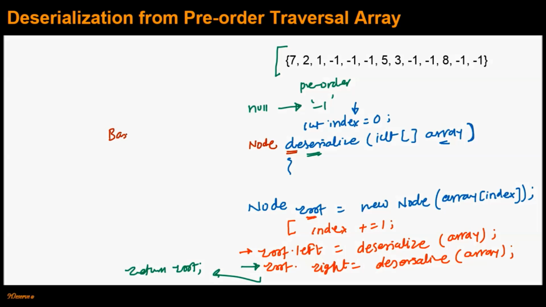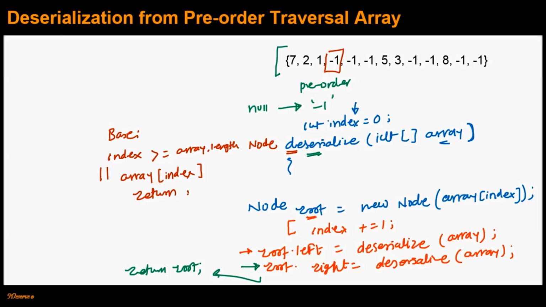The base case is that whenever we are done looking at all the elements of the input array, that is, whenever the value of index is greater than or equal to array.length, this indicates that we are done looking at all the input elements. Or whenever we see a -1 at the current index, we simply return null. -1 indicates the presence of a null node.